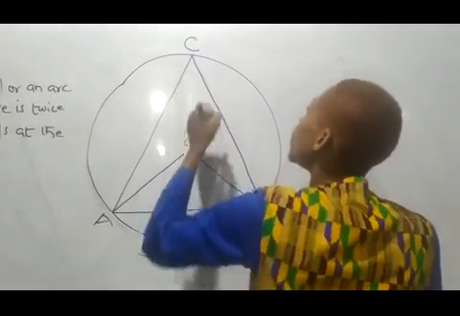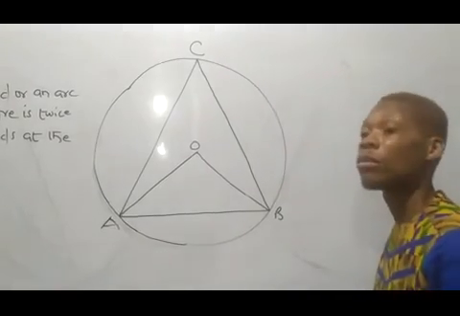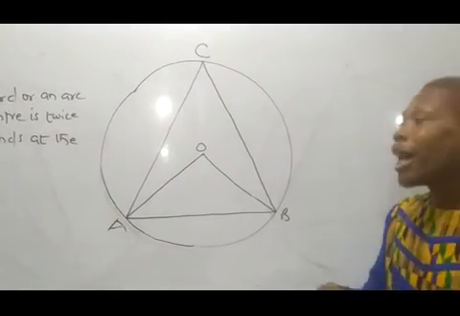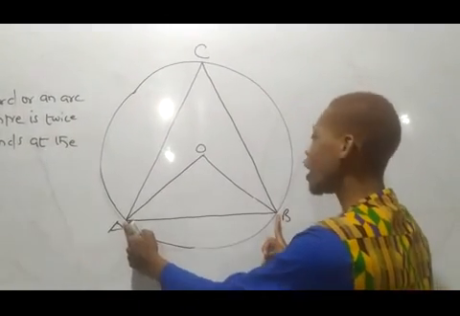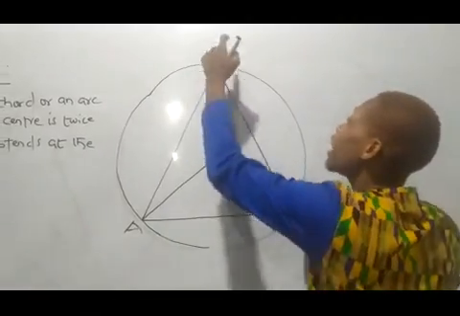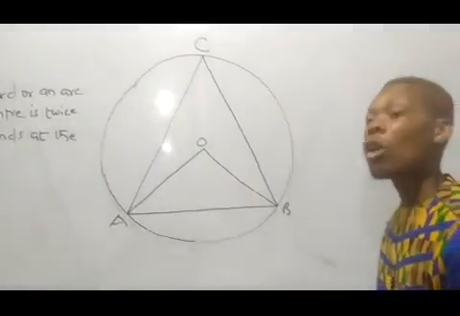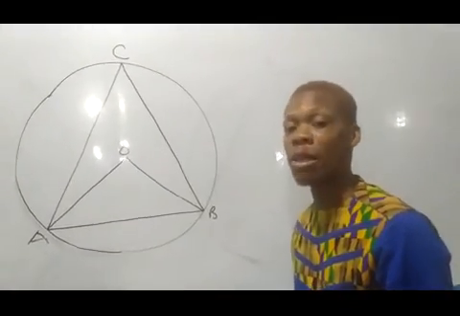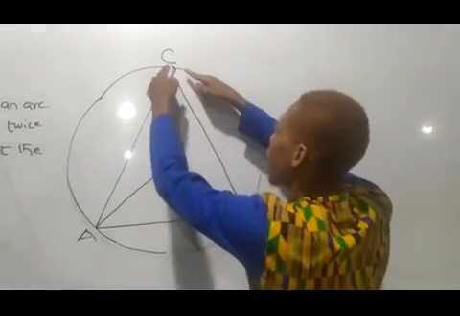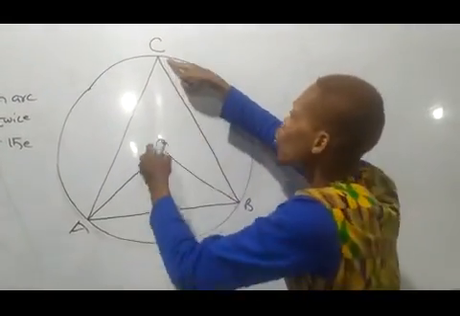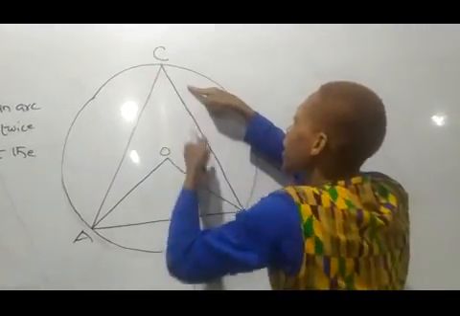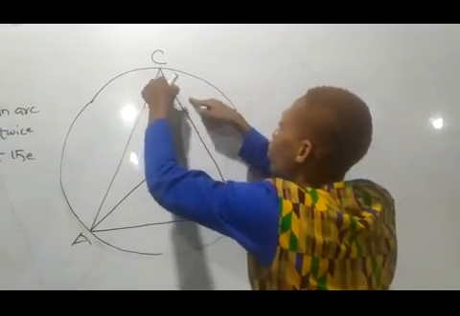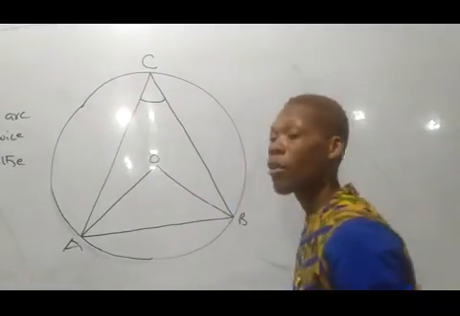Let me call this C. Now you realize that the same chord AB here is subtending angle C. How do I know AB is subtending angle C? If I check, angle C is created by two lines, this line and this line. So this line and this line come together to form the angle at C.